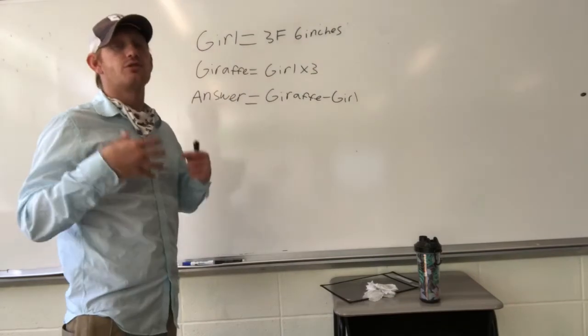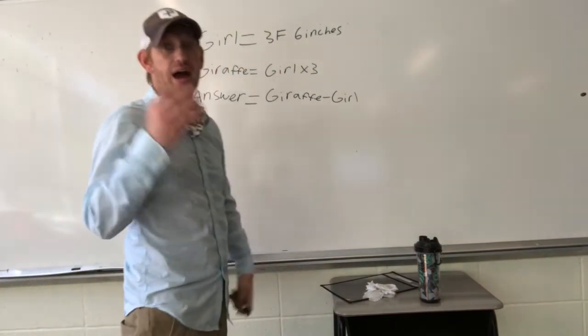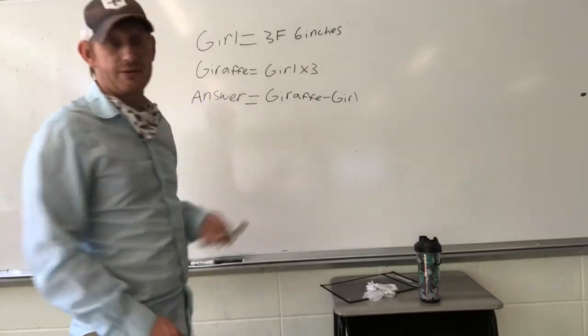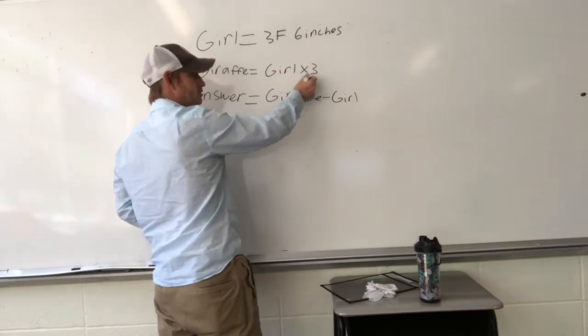So now that we have a better understanding of the girl's height, 3 feet, 6 inches, I'm going to use that to find the giraffe's height. The giraffe's height is the girl's height times 3.